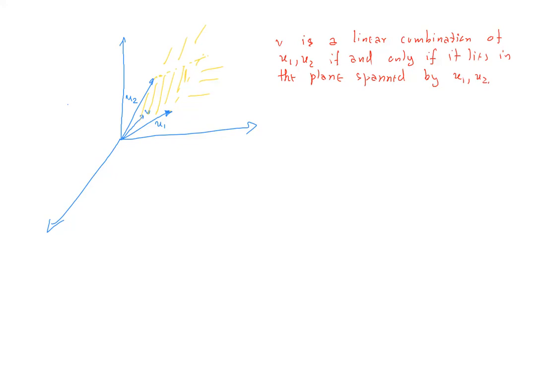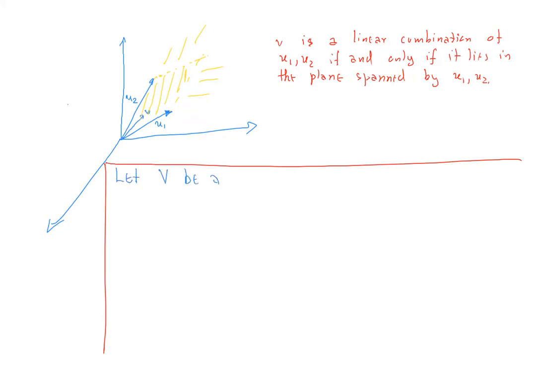And now I would like to turn my attention to dependence and independence. Again, our setup here is that of a vector space. So let V be a vector space. And like I said before, I know that some of you are having trouble when you hear a vector space. I mean Rn.